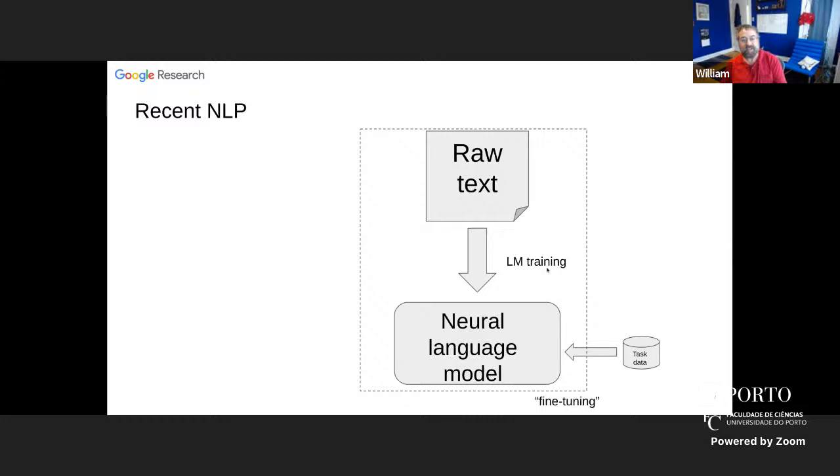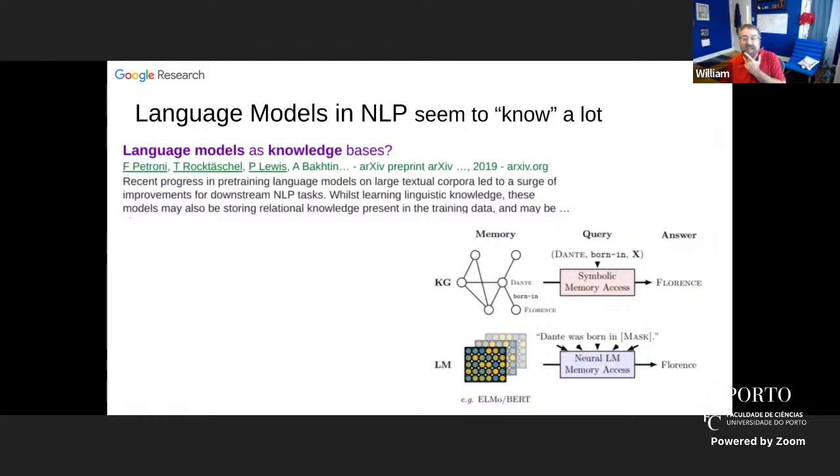This is kind of drawn to scale. There's a lot of raw text, and the models are very large. Billions of parameters is common now. One thing that's quite interesting is that because these models have been trained on many, many documents, they seem to know a lot.